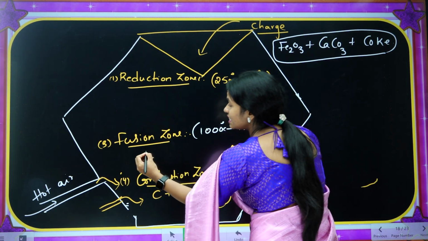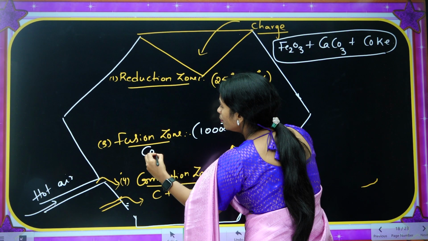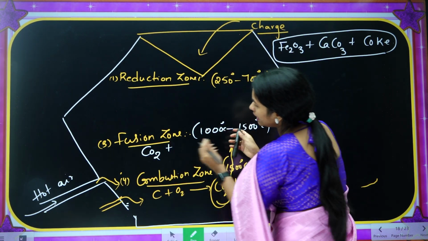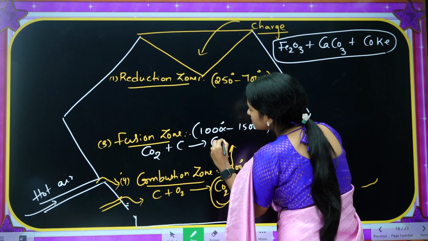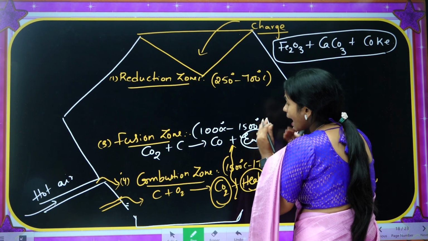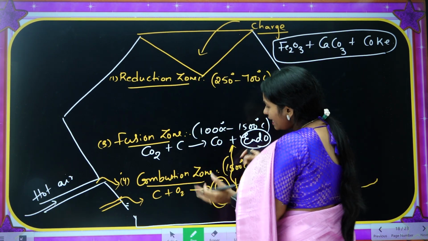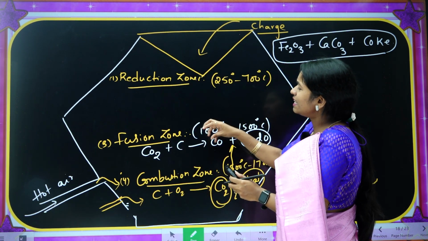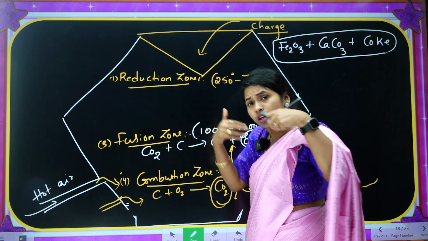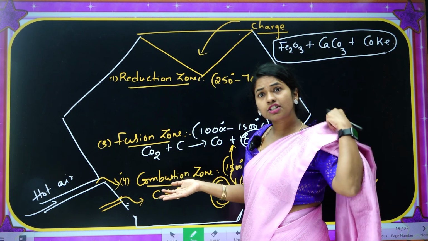Here what happens is the CO2 which is produced below reacts with the coke you are putting from the top, and it forms carbon monoxide. It is an endothermic reaction, it absorbs heat. So here high temperature will be there, and here a little less temperature, because the reaction needs heat to take place.